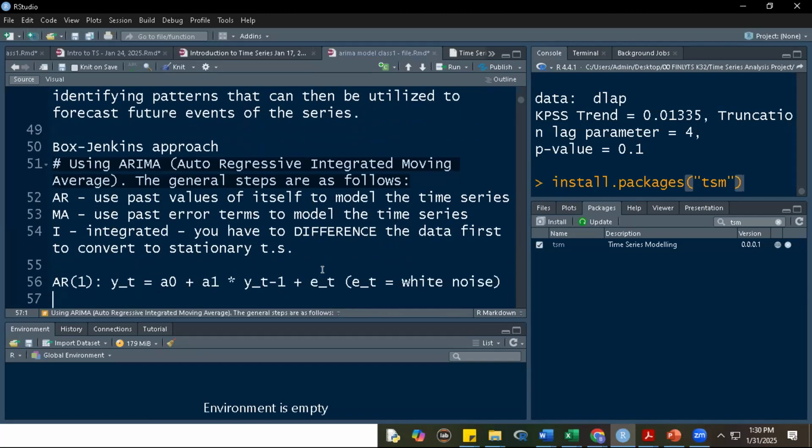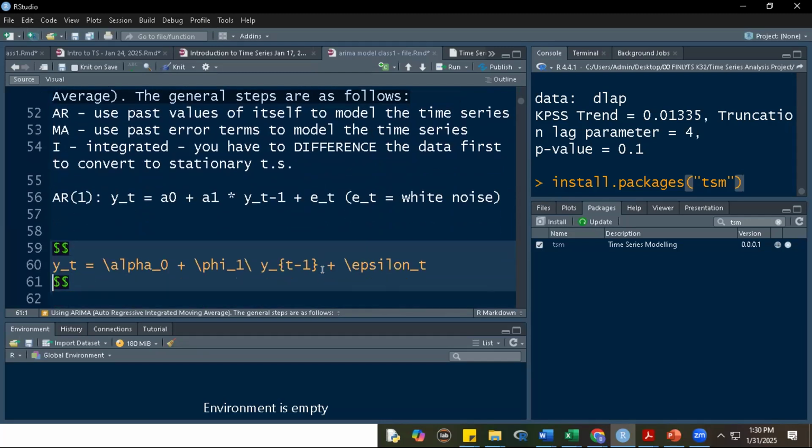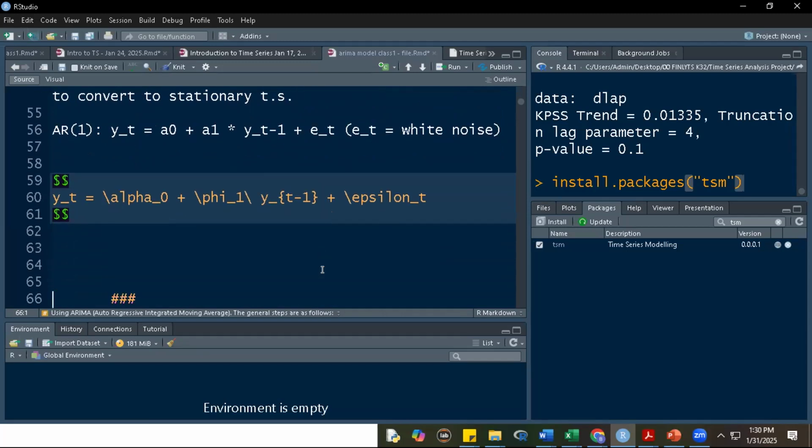Thank you. All right. So we have this Box-Jenkins approach. And then can you tell me, class, if this LaTeX is running on your end? Does it print this equation? Kindly chat, please, if it's running.